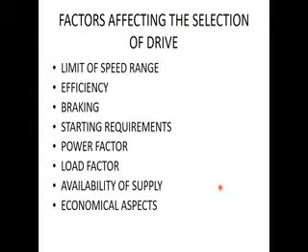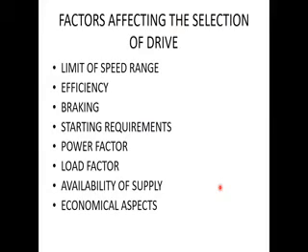Mechanical braking means braking achieved by using mechanical components. Electrical braking includes resistive braking, regenerative braking, and plugging. These are the various types of electrical braking. So the type of braking can be chosen when we select a drive for a particular application. The efficiency of the drive and the power factor are important.